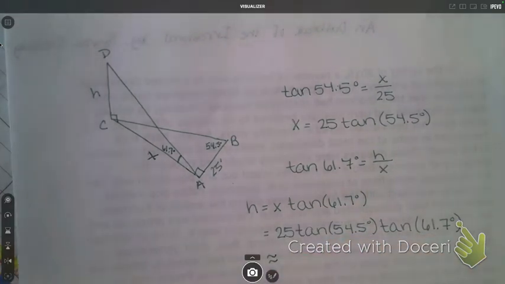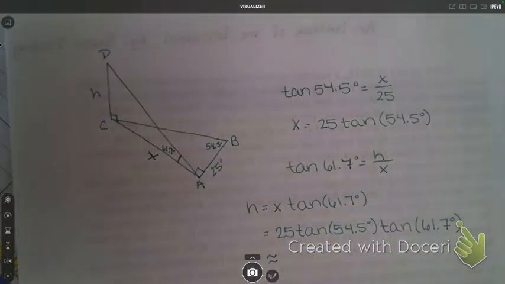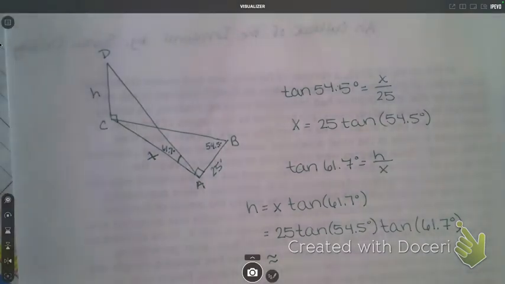Now I'm going to tell you, in the book, if you look in it, look how they did it. They found X was 35.0487 feet. You can't just round it to 35 feet, can you? Not if you're going to keep using it. So they have 35.0487 that they are carrying around in that other equation.